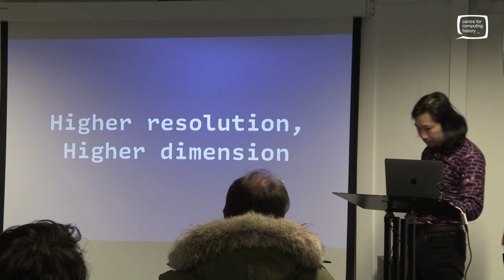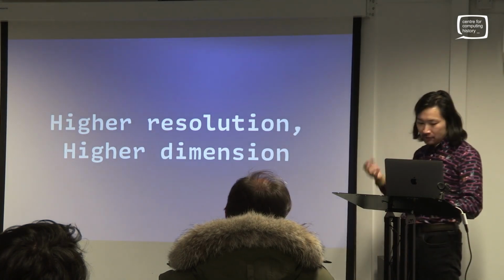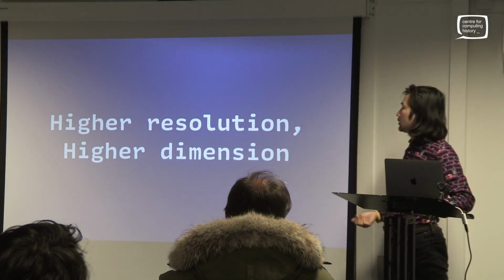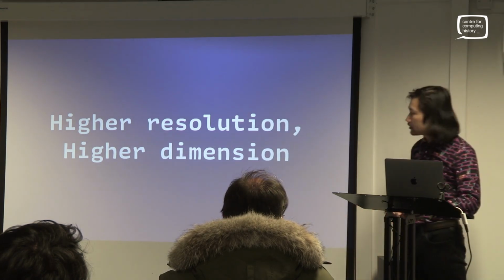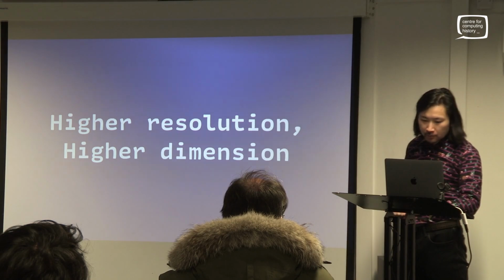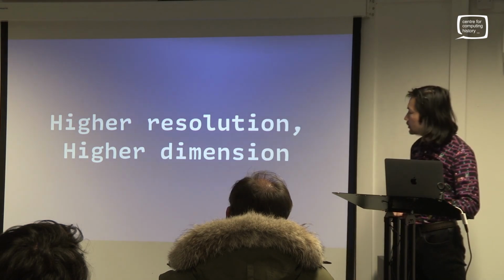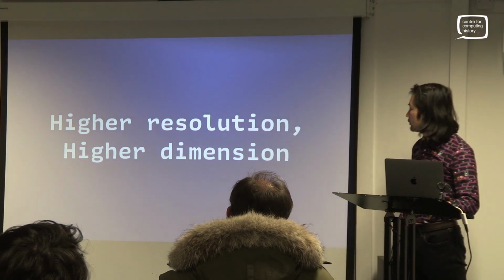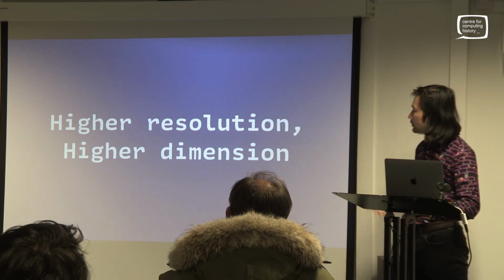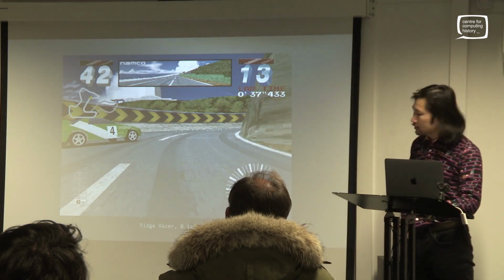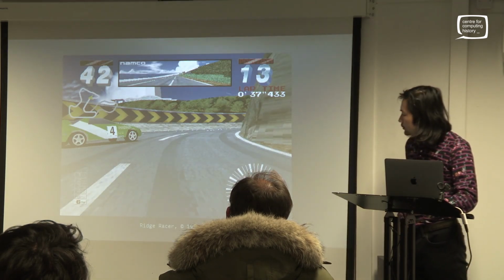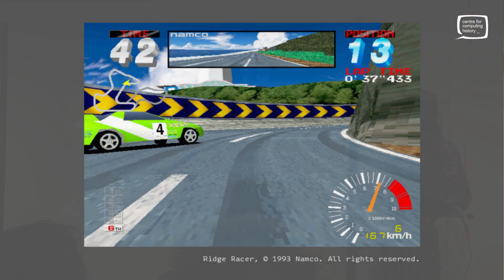So as time went on, starting with the early 90s, like 92 or 93, the industry started to move on to higher resolution, from like 200s and 300s pixels to 400, 500, and now we have thousands and thousands of pixels. So, for example, the first 3D games were from like 92, in Virtua Racing.